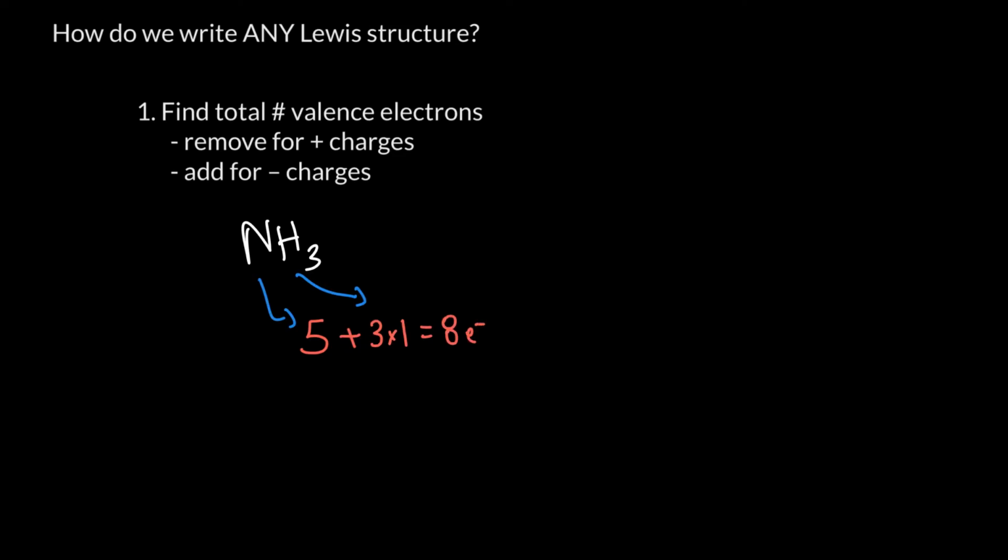And if we go to something else, like for instance the sulfate polyatomic ion, SO4 2-, sulfur is in group 6, oxygen is in group 6, and we have to remember that there are 4 oxygens, so we have to multiply that last 6 by 4. And here's the kicker, right?